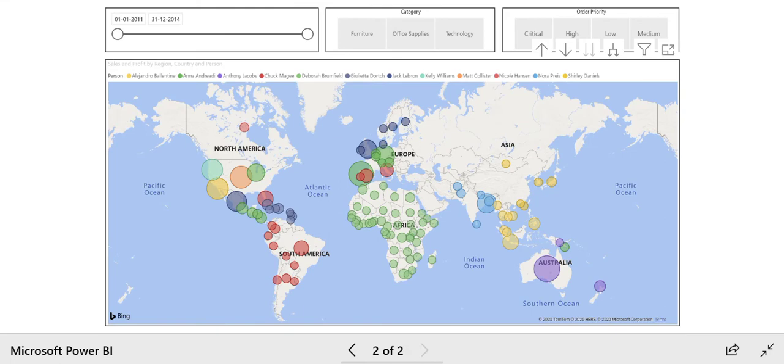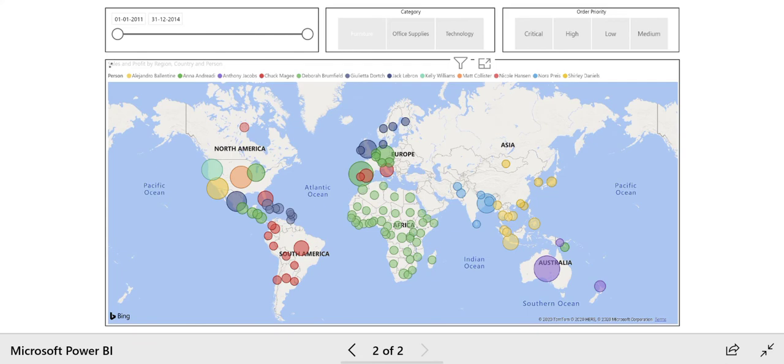Then Alejandro is the main person in Southeast Asia. Then we have Anna. Anna is predominantly looking after Europe and the US. Hence, you can see the high profit there. De Broha is the one for the African part, and Nora is the Indian guy.